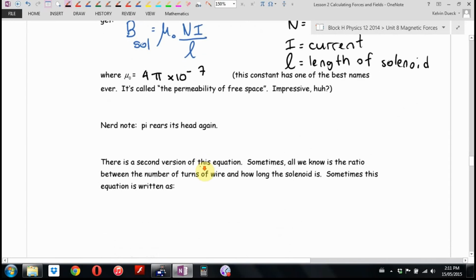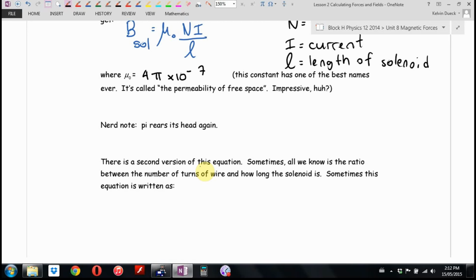So, there's a second version of this equation. Sometimes, in fact, this is the most common one in industry. If you go buy a solenoid in an electronics store, you won't tell them how many turns and how long it is. Instead, you'll tell them the rating of your solenoid in turns per meter. They'll just have already reduced that as a fraction for you.